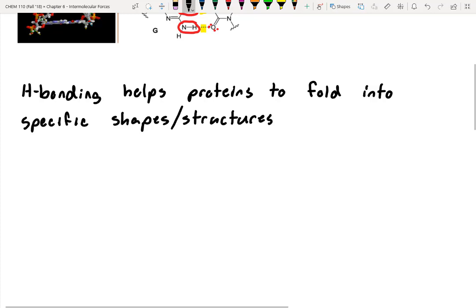In particular, there's 2 classic shapes. The first one is called an alpha helix. It's basically like a big spiral.